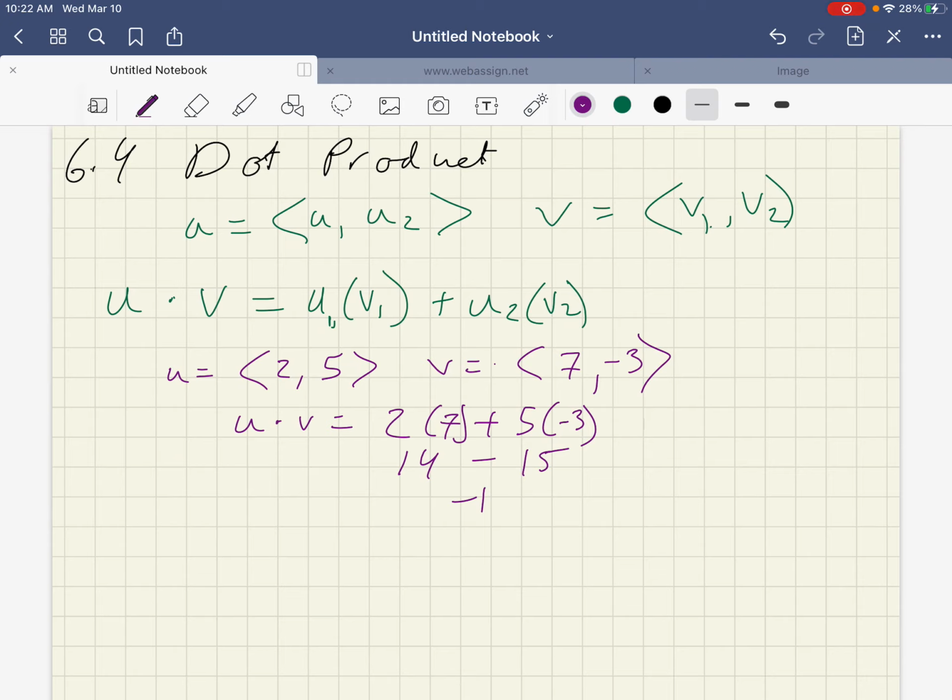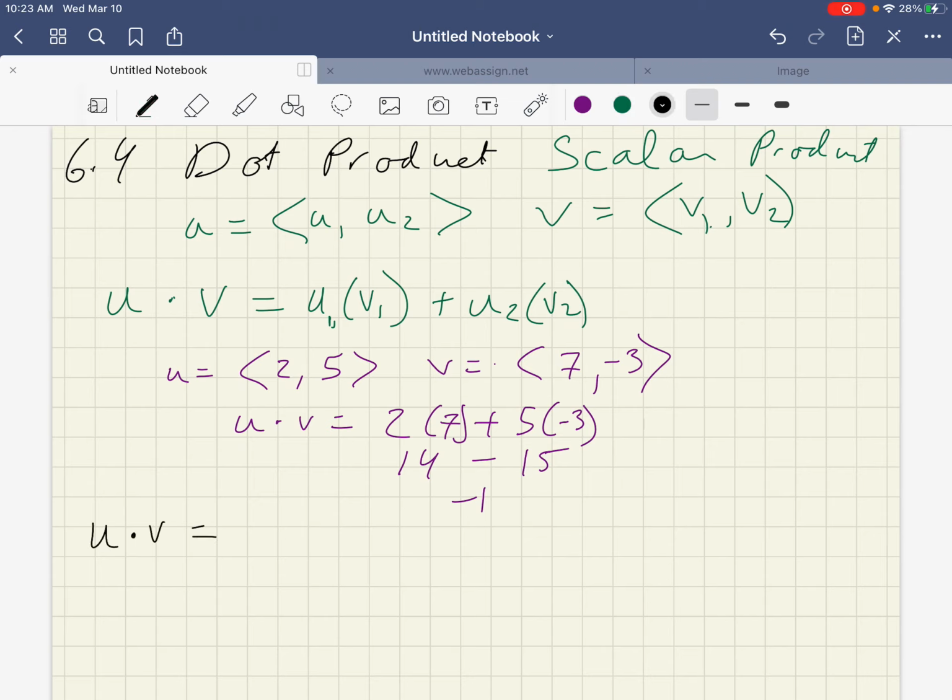So the dot product is a fast way to combine them. You're combining terms together, and you notice you get one answer. That's another reason why it's sometimes called a scalar product, because it gives you a scalar as an answer. So we use a dot to denote it, and we get a scalar as the answer.